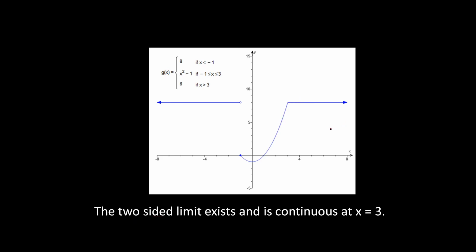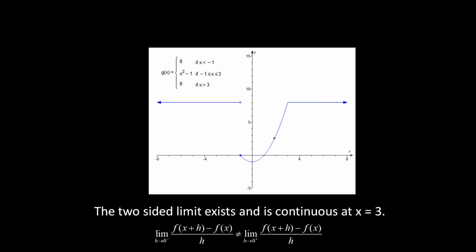But the derivative is different, because the left-side limit of the derivative does not equal the right side at 3. Because remember, the derivative deals with the slope of the function.